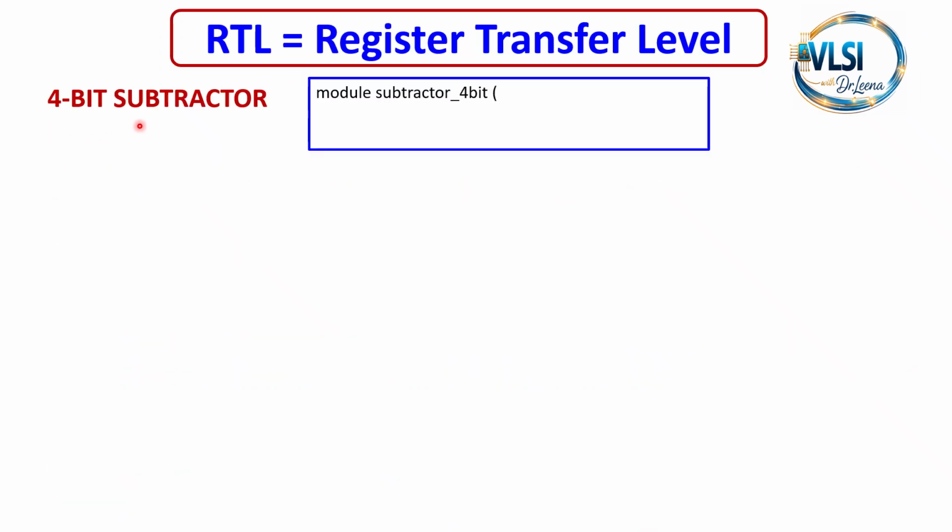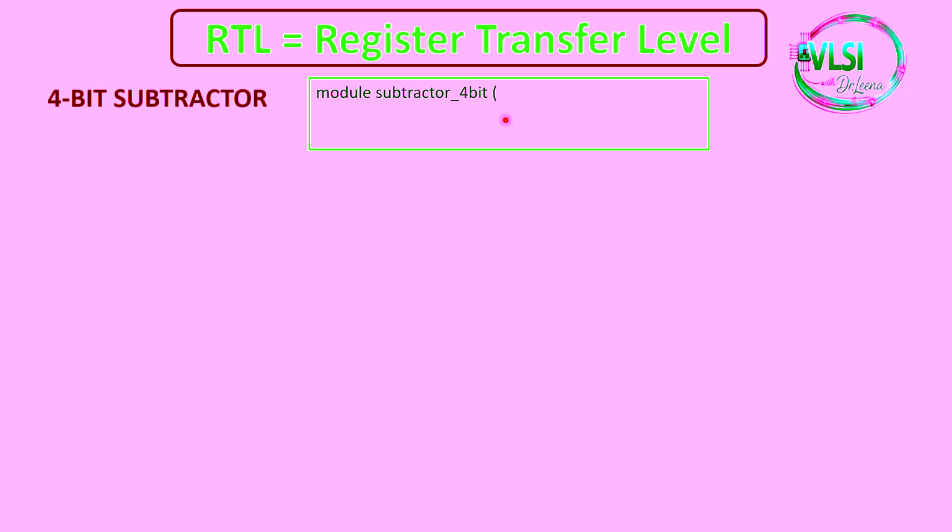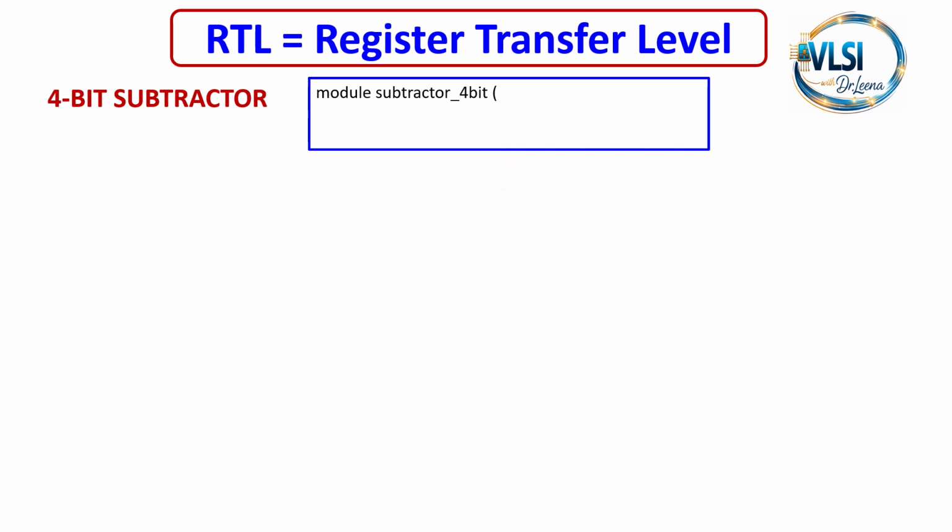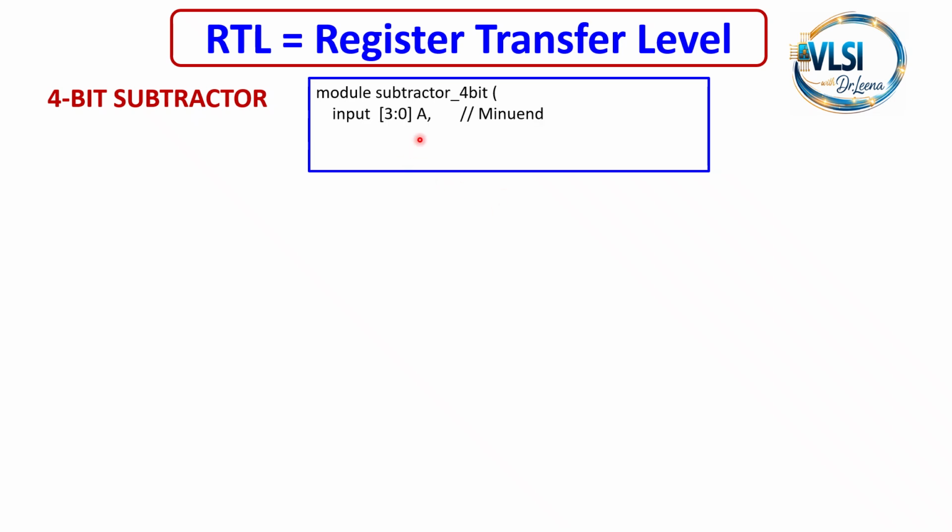Now we are going to write the 4-bit subtractor RTL code. First we start with the module, give the module name and open the bracket. Here we have 2 inputs and 2 outputs. First we assign the inputs and outputs. We assign the input A, the minuend, ranging from 0 to 3, and then the subtrahend B, from 0 to 3.